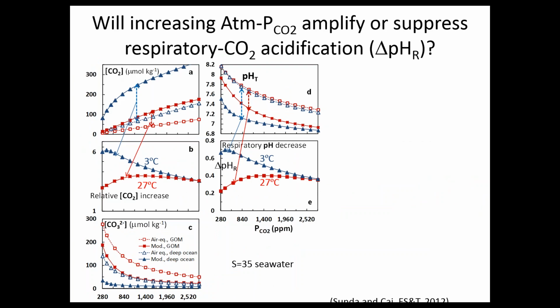And the next slides really just try to say that these two systems, one at a low temperature and one at a high temperature, how they will respond to the future atmospheric CO2 increase. It shows a system like the Gulf of Mexico will continue to provide a high buffer capacity to neutralize the increased CO2 in the atmosphere.